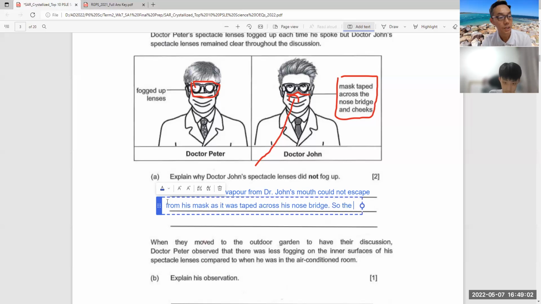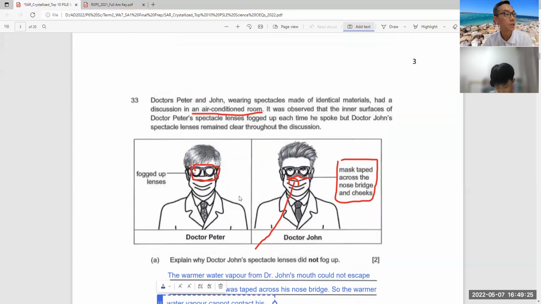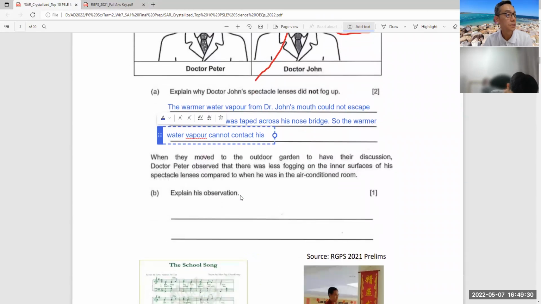So the warmer water vapor cannot contact his lenses.